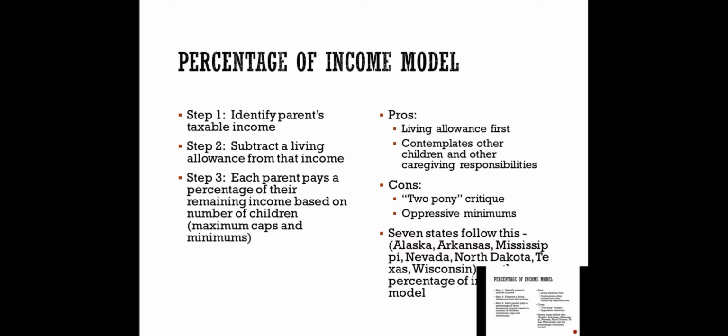But here, each parent is treated equally. If you increase your income, you will pay more child support and the child will benefit. There are lots of strengths and weaknesses of both of these models, but the percentage of income model is notably stronger for providing a living allowance first.